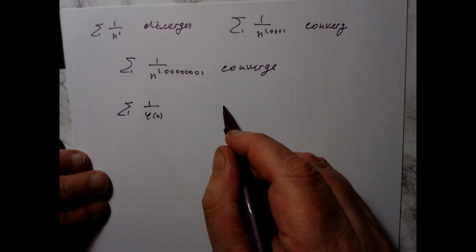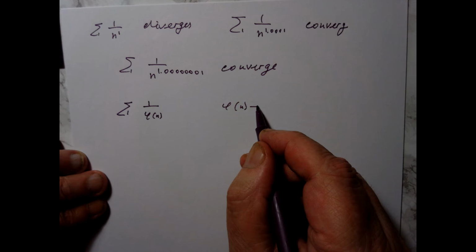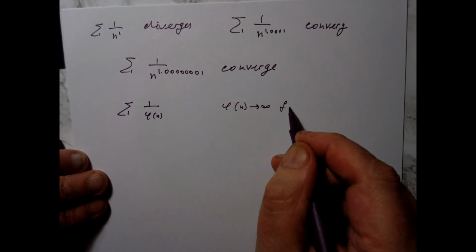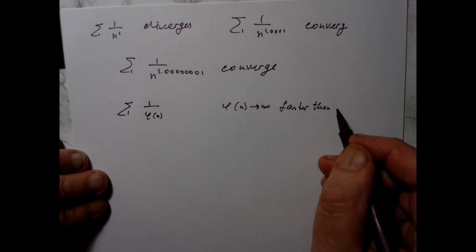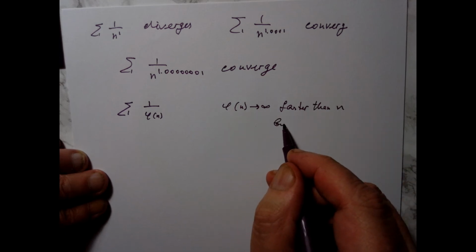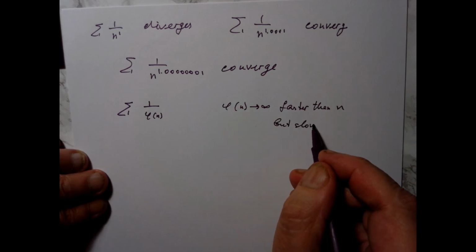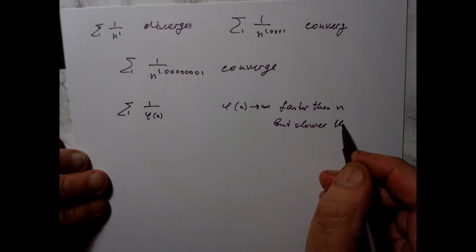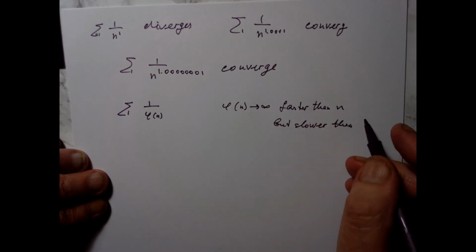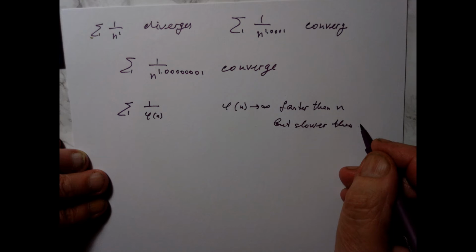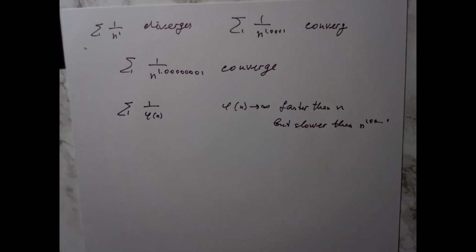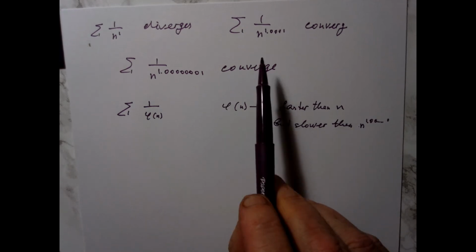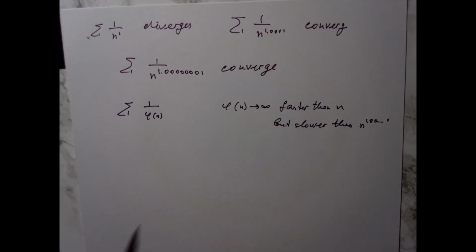So phi n tends to infinity faster than n, but slower than n to any power, like 1.00001.